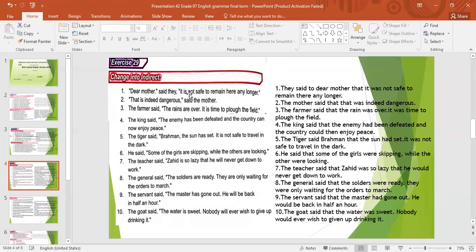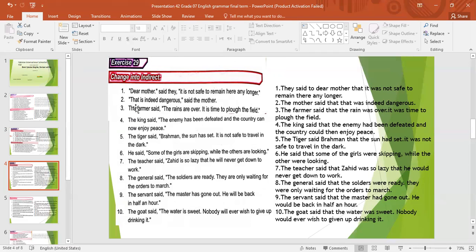Okay, that it is not safe will change according to the reporting verb. Here it is past, so it will be past: that it was not safe to remain there any longer. Dear students, in this sentence I just added that, which is a conjunction, and changed the tense of the reported speech. Here it is in the present, I changed it to the past because the reporting verb is in the past. Let's move to another sentence.